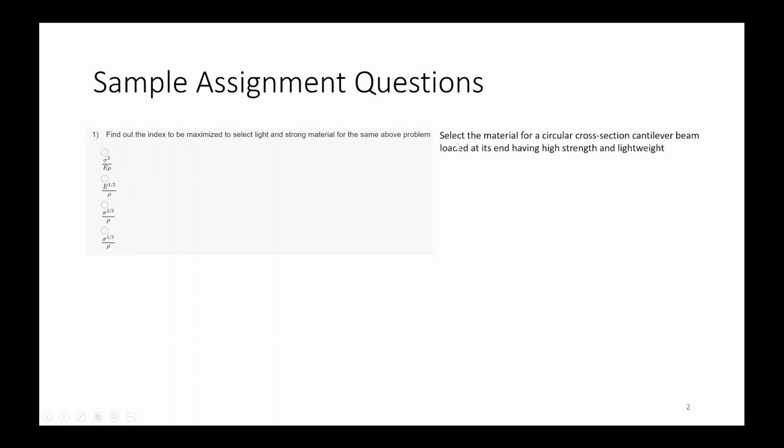And in this question, we have to select material for a circular cross-section cantilever beam that is loaded at its end, having high strength and light weight.